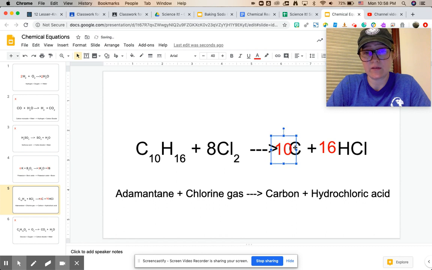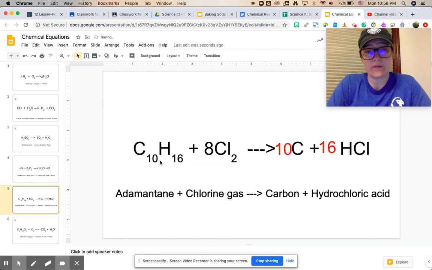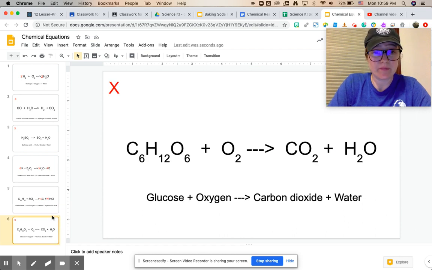Did we do it? Does it work? Let's check. 10 carbons, 10 carbons, 16 hydrogens, 16 hydrogens. 8 times 2 is 16, 16 chlorines, 16 chlorines. Boom, we're balanced. Okay, last one.